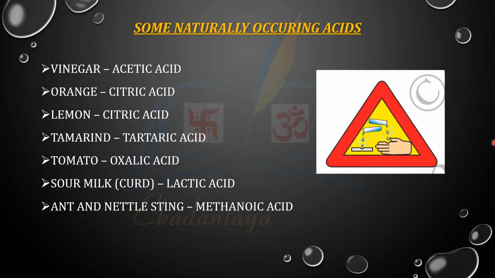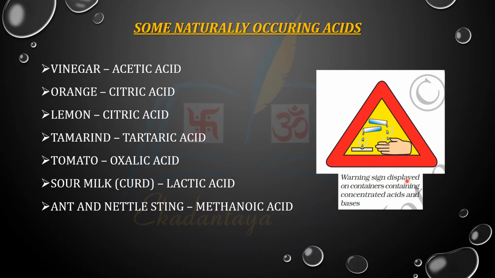This is a symbol that is used to indicate a warning sign displayed on containers, or like this acid glass bottles in chemistry labs. This symbol on this bottle means it is very highly concentrated.